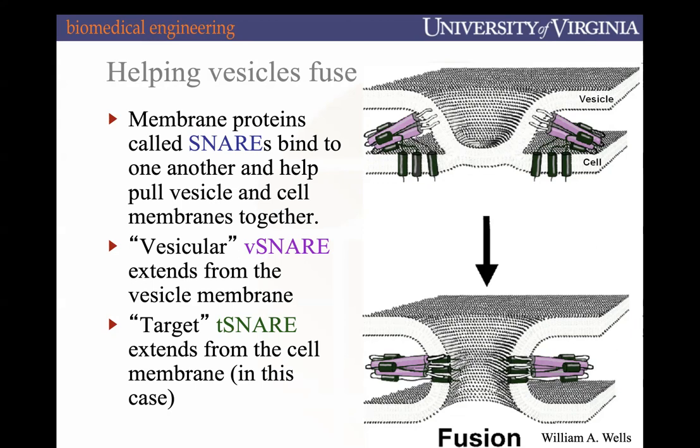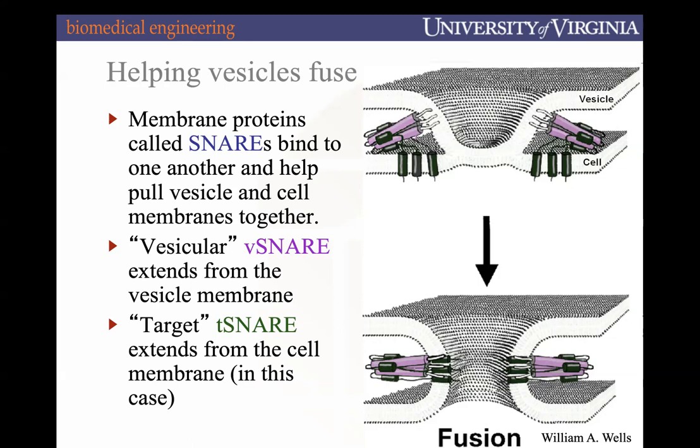Again, this is a high energy event. As the vesicle comes in proximity to the cell membrane, the v-SNAREs and t-SNAREs will interact with each other and create these coiled-coil interactions, where sufficient energy is produced physically to promote the fusion of the cell membrane and the vesicle membrane.